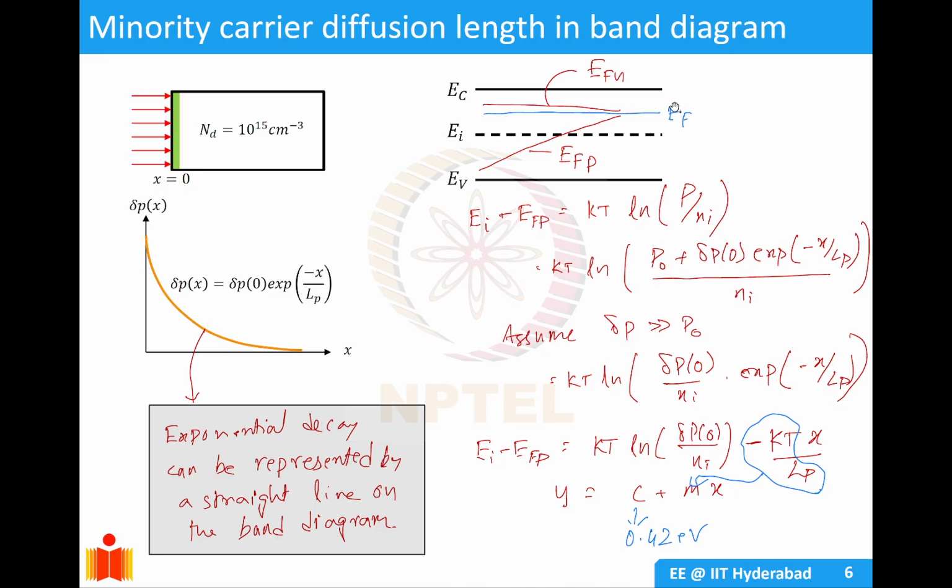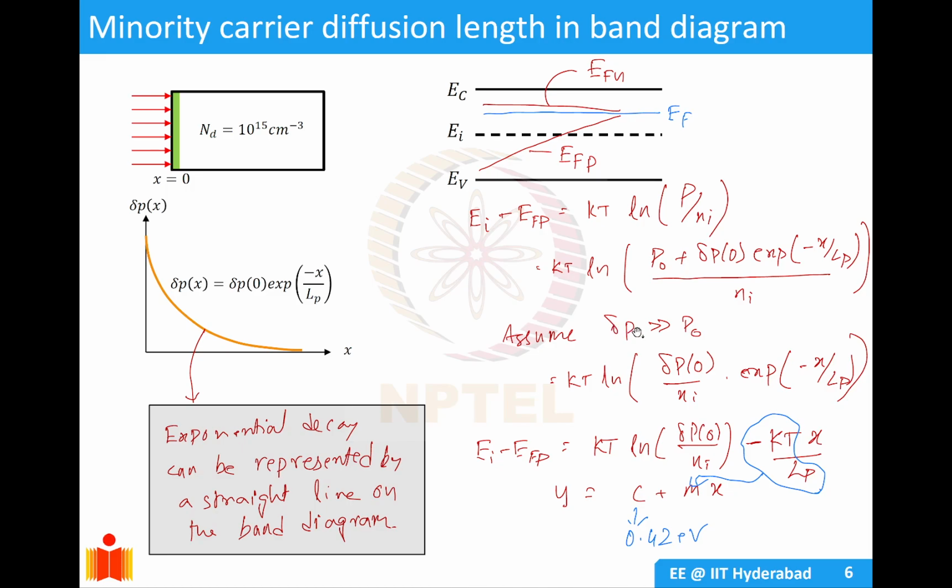So these are not straight lines. These are curved exponential curves. So these are exponential decays, but in the band diagram they can be represented by a straight line due to this log term. EI minus EFP equals KT ln P by NI. So P you can change to P naught plus delta P naught exponential minus x by LP, over Ni.